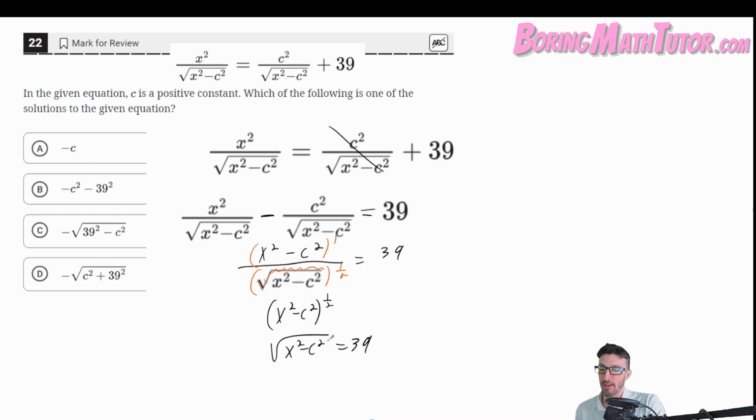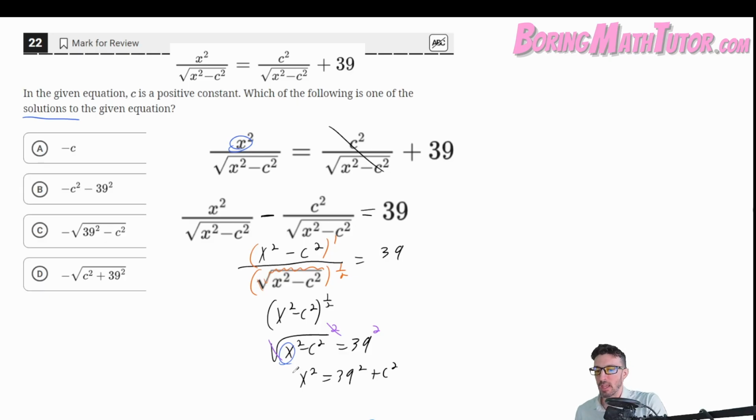So now you have this. But remember, we're trying to find what x is. We're trying to solve for x. So x is showing up right here. So I still have to square both sides to cancel out the square root. And then what? I need to add the c squared. So then I'll get 39 squared plus c squared.